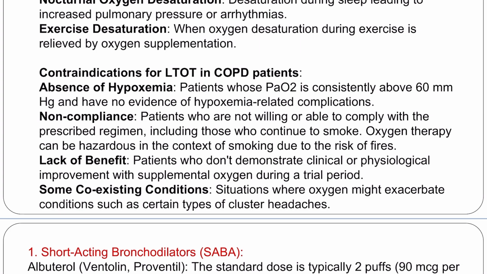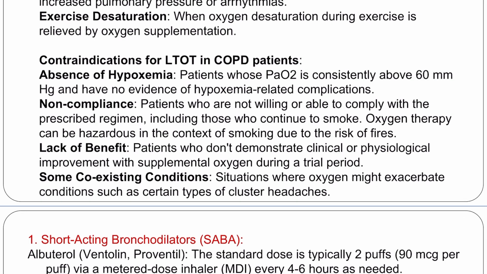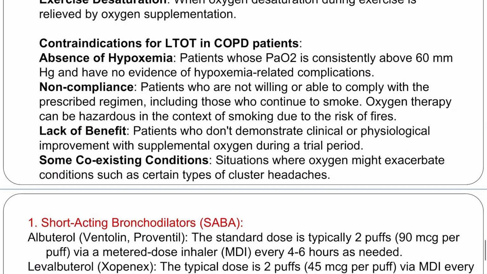Third contraindication is lack of benefit: patients who don't demonstrate clinical or physiological improvement with supplemental oxygen during a trial period. And some coexisting conditions, where oxygen might exacerbate conditions like certain types of cluster headaches. So again, obviously we have to see what the pros and cons are and whether it is beneficial or not. Okay. So these are roughly the contraindications for long-term oxygen therapy in COPD patients.